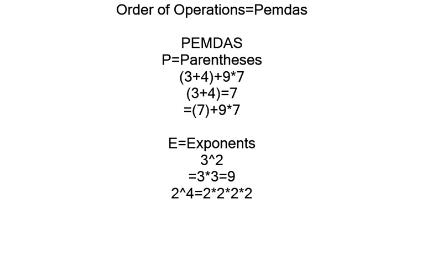Notice how in 3 to the power of 2 we had two 3's, and now, since it's 2 to the power of 4, we have four 2's. 2 times 2 times 2 times 2 is the same as 4 times 4, which is equal to 16. So 2 to the power of 4 is 16.